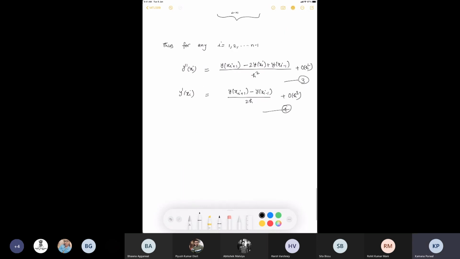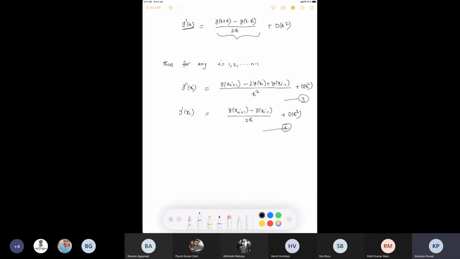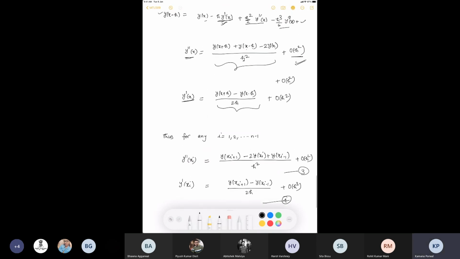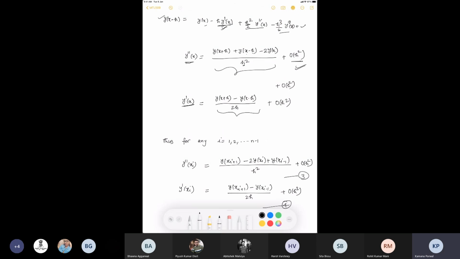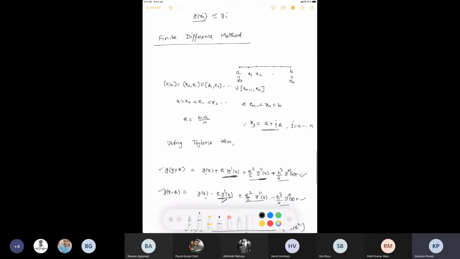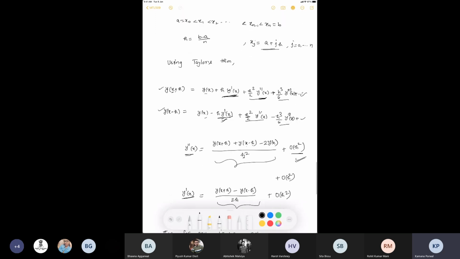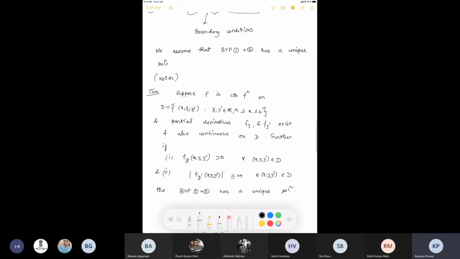All right, so once we have these approximations, I can use them in the given differential equation to design the numerical method, which is this one.